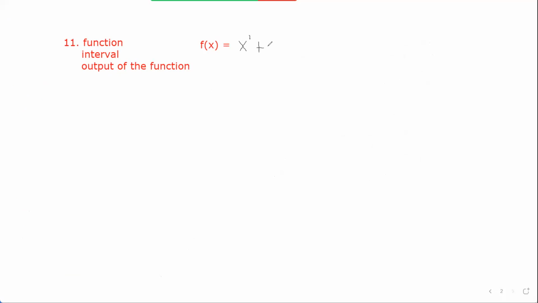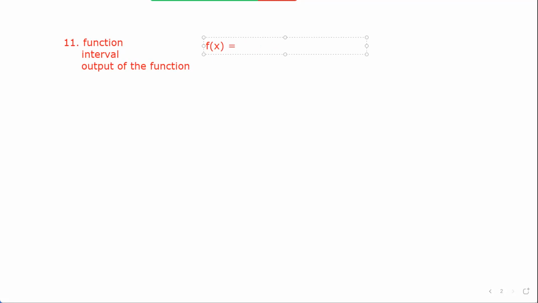Now, what is my interval? We said this before. What we're doing here is examining our problem, so I'm just putting down what we've already been over.